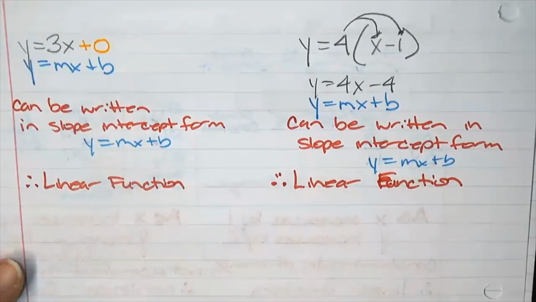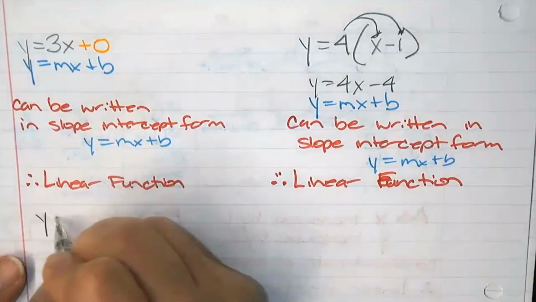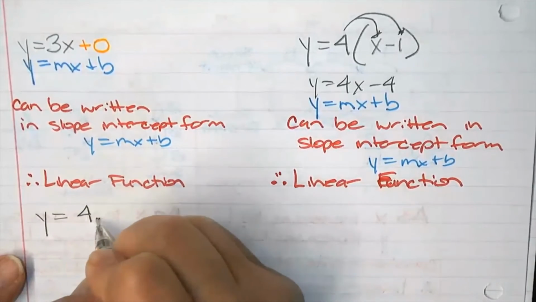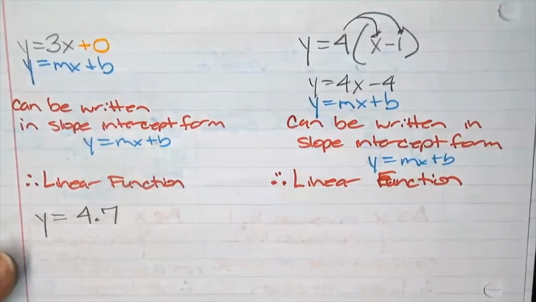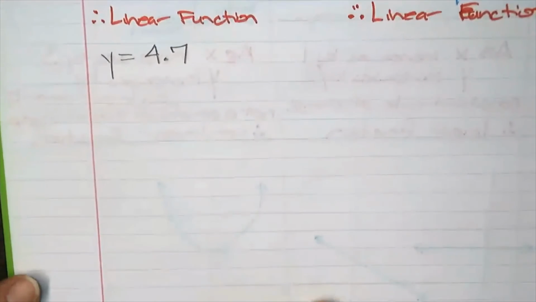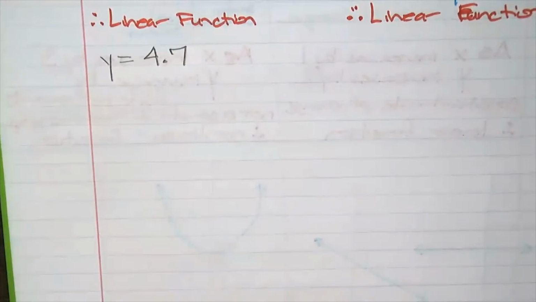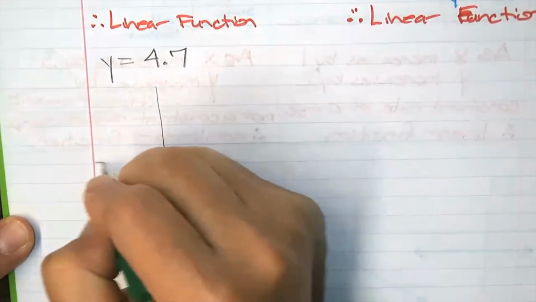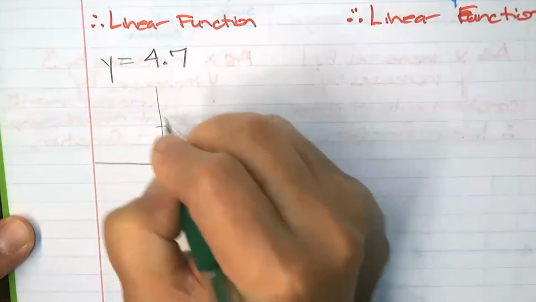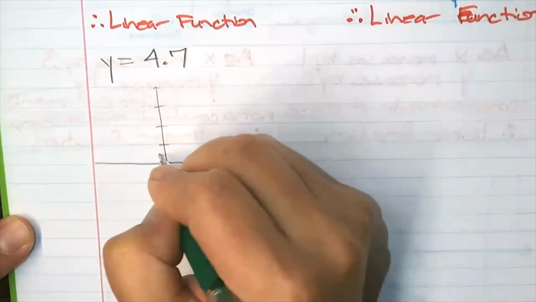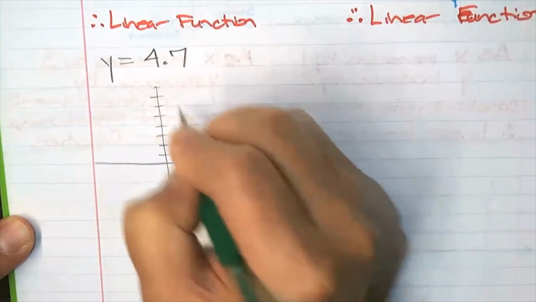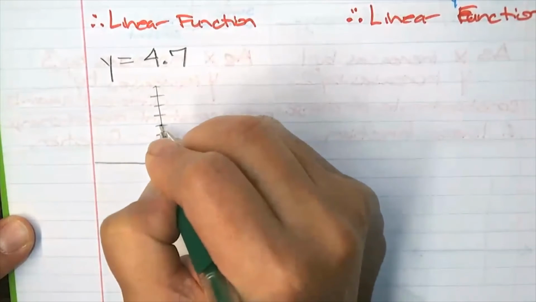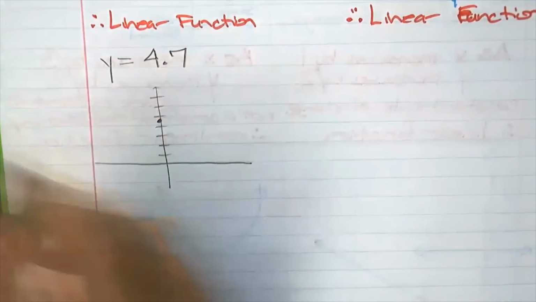Let's do another one. Y equals 4.7. Well, if we graph this, 1, 2, 3, 4.7.